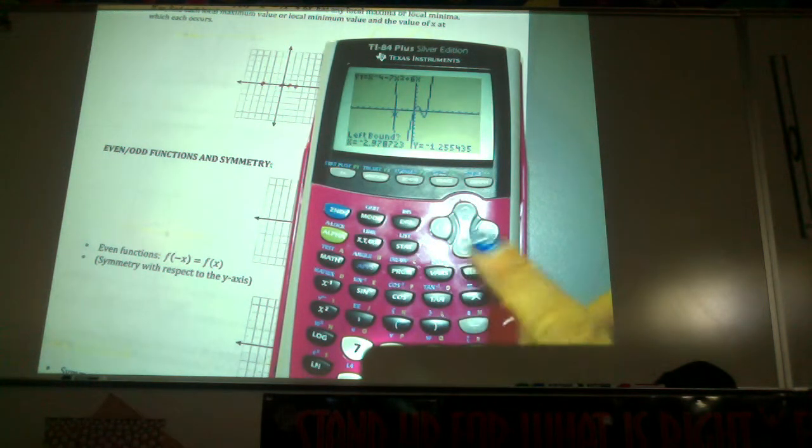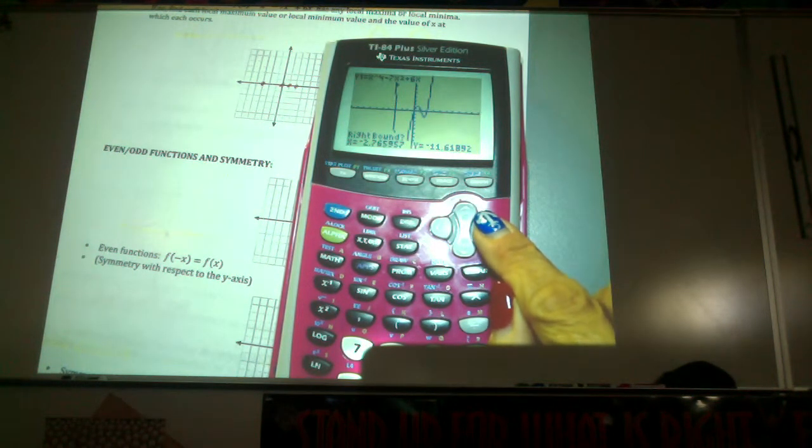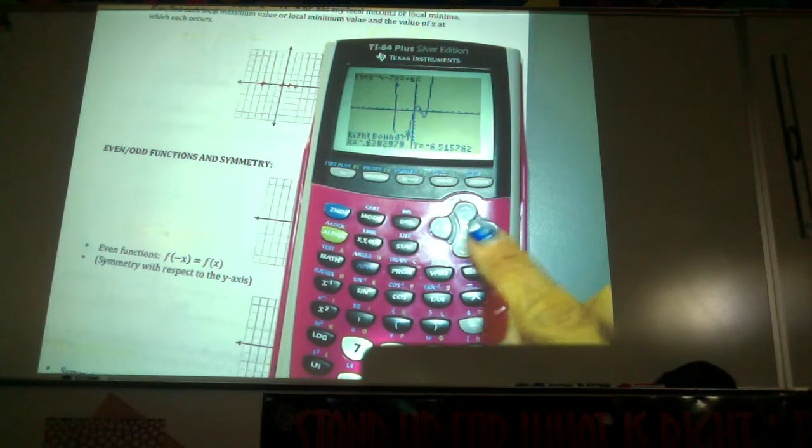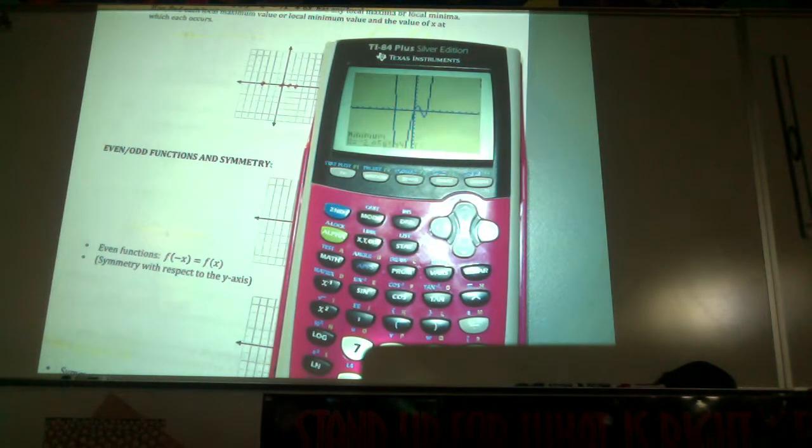So I'm going to actually go a little to the right and hit enter. And I'll know immediately by my answer if I went too far right. And I'm going to scroll until I see my cursor again. There it is. So I'm going to go down one more. So enter, enter again. Now if I didn't get a left and a right and a sign change there, that would tell me I had an error. So how many decimal places are we going to go out to?